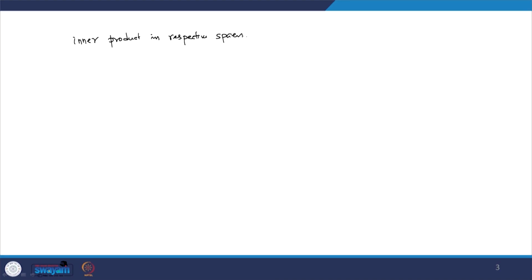See, if I say that T preserves inner product, then this implies that T is 1 1. How?